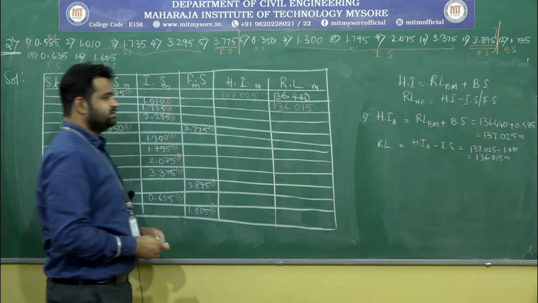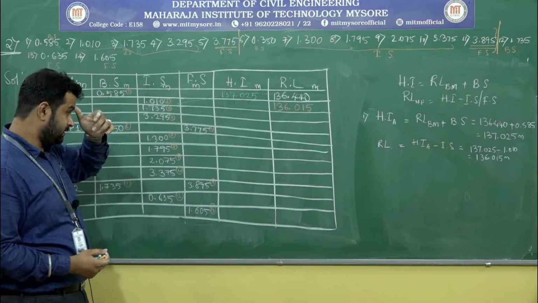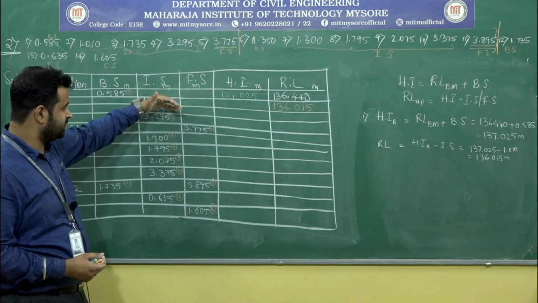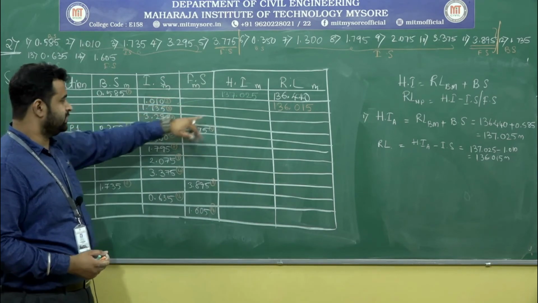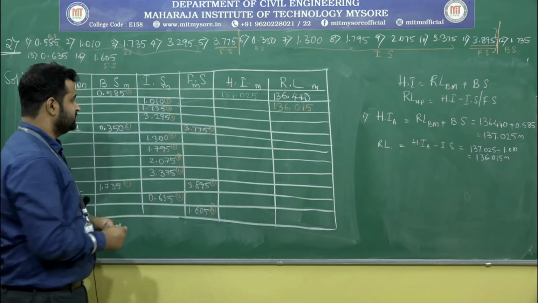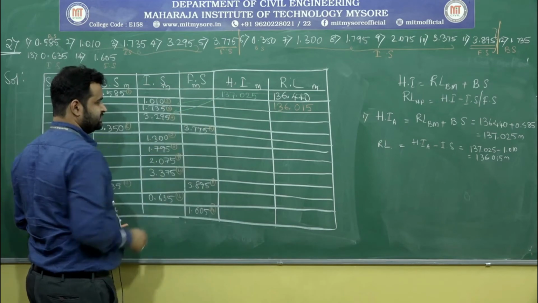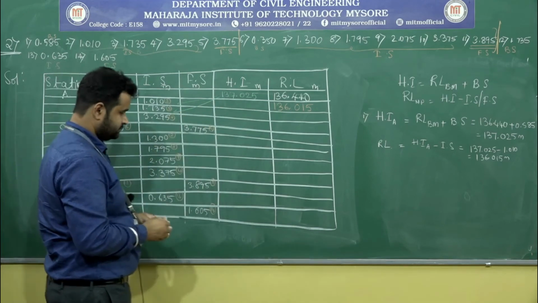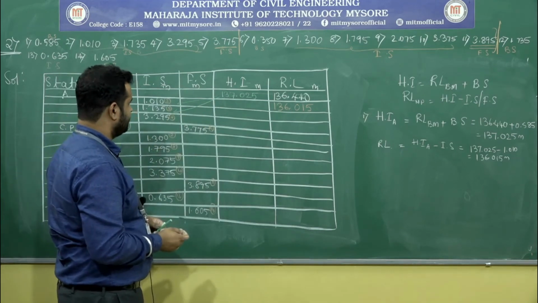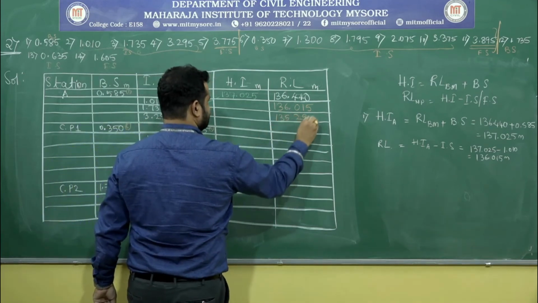136.015. Similarly, you can calculate the RL of the next point, but here the instrument is not shifted after taking this reading, so the height of instrument remains the same until this point. To calculate the RL of the next point, this minus this will give you 135.290.